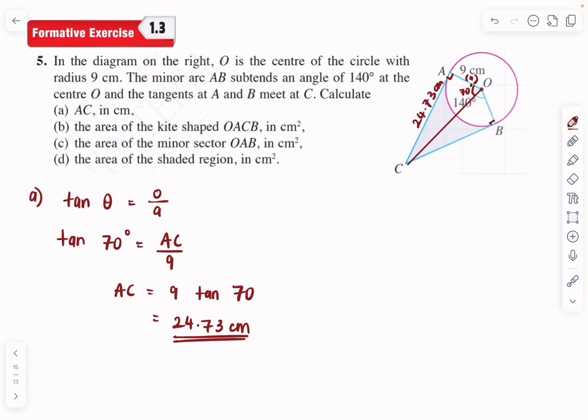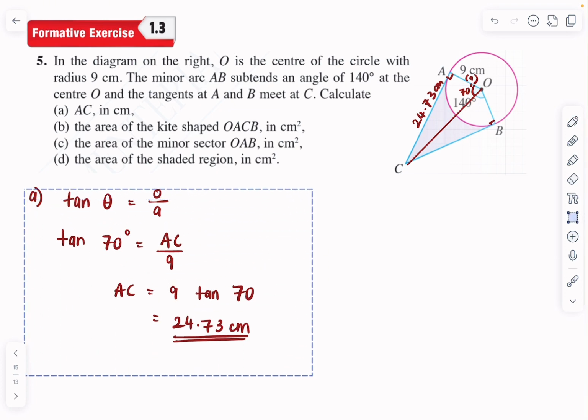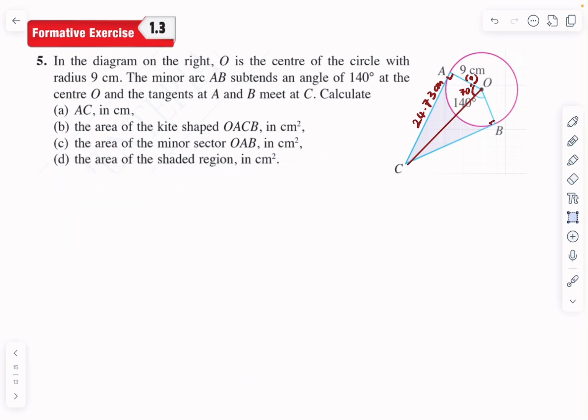Right. Next, B. The area of kite-shaped OACB. So now we want to find the area of this whole thing, OACB, this whole kite. Okay. So we never really learned the formula for kite, but we've learned the formula for triangle.